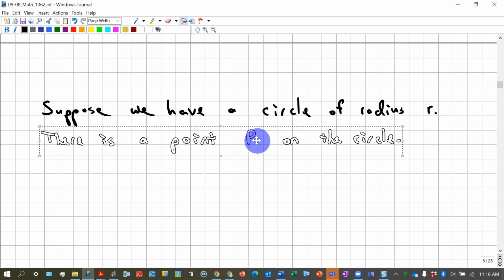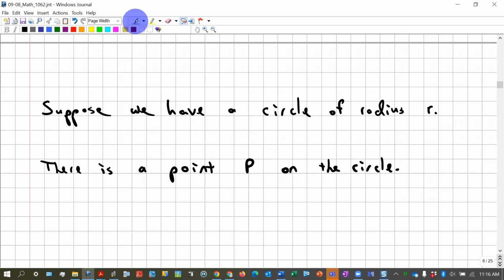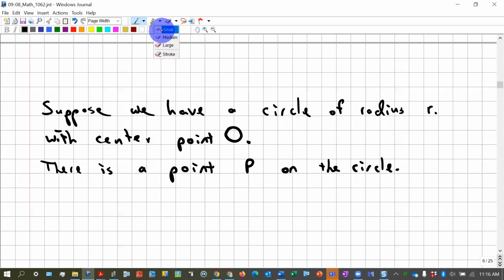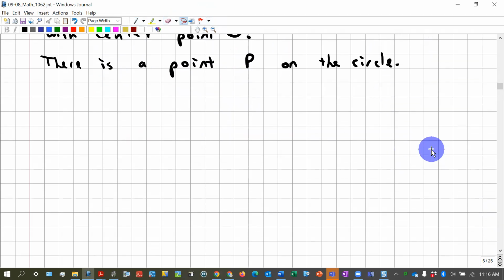And we might as well call the center of the circle capital O. So here's our circle.